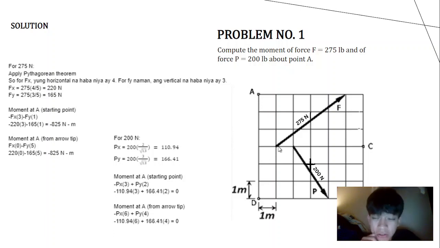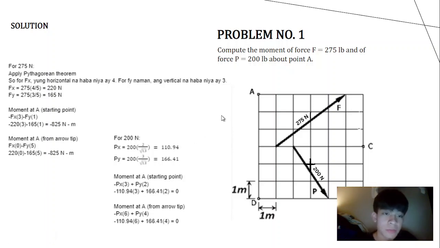Same naman sa Fx din. Ito yung vertical distance naman, which is yung 3. So, i-apply na natin yung values na nakuha natin, which is yung 220 and 165. So, negative 220 times 3 minus 165 times 1 is equals to negative 825 newton meters.